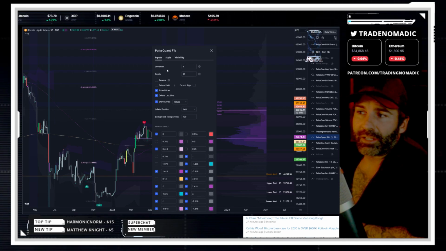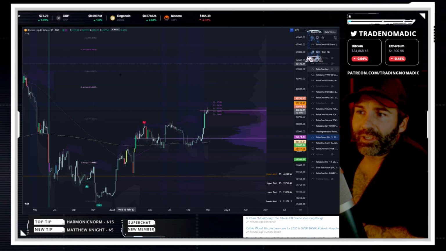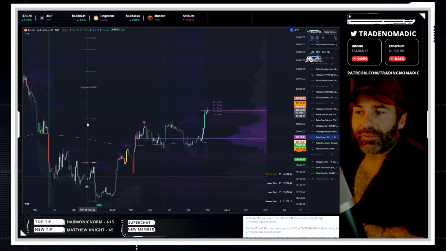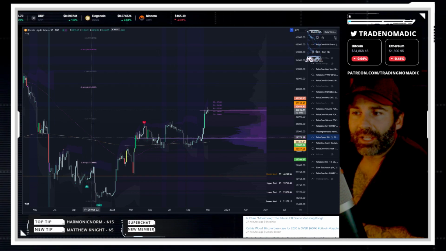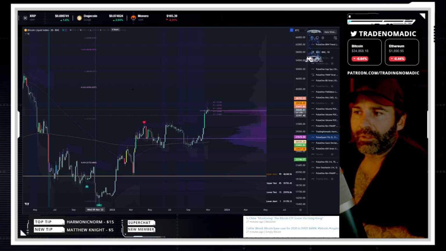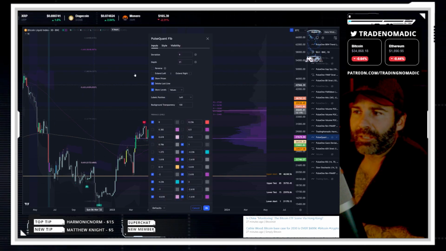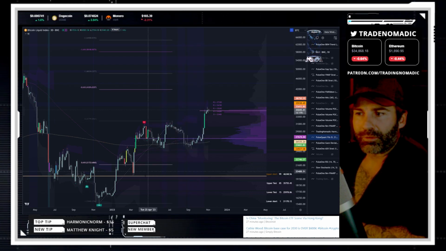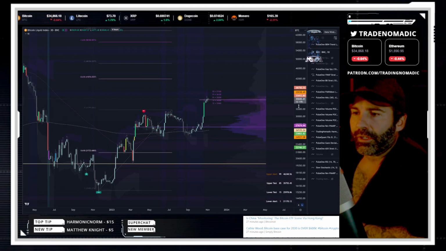You can change the depth on the fib, and it will just take the wave inside of that depth. I keep the lines off, but you can put the lines on so it shows you what you're doing there.